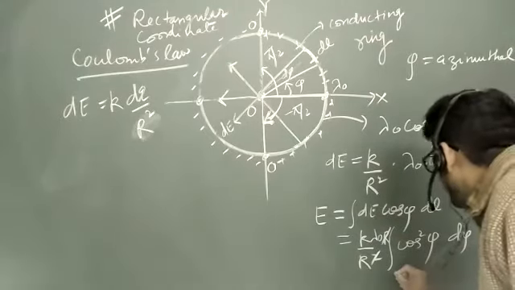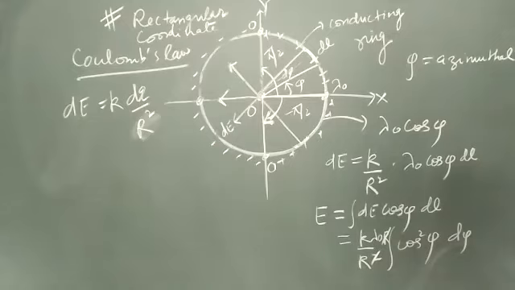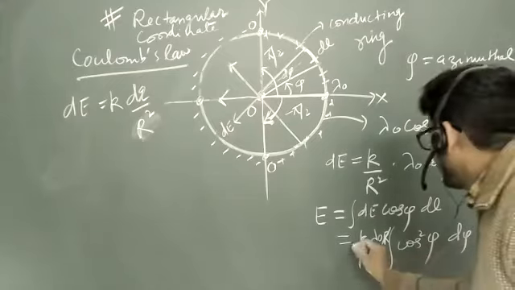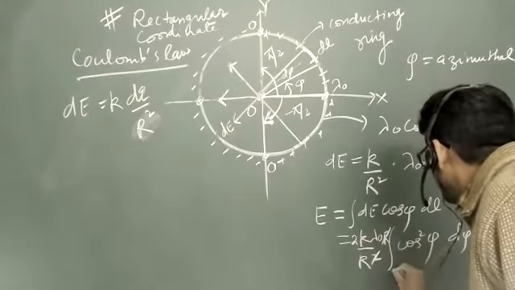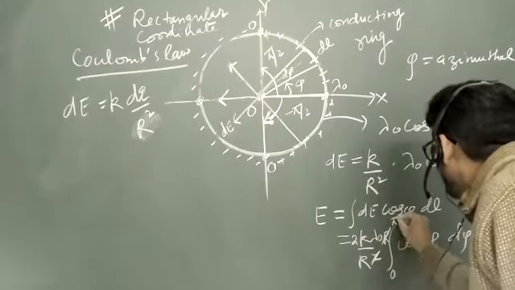So let me put it. Sir, 2 times, even function property. So let us apply the even function property. It will become 2 times the integral from 0 to pi by 2.